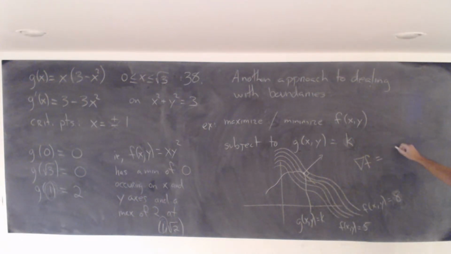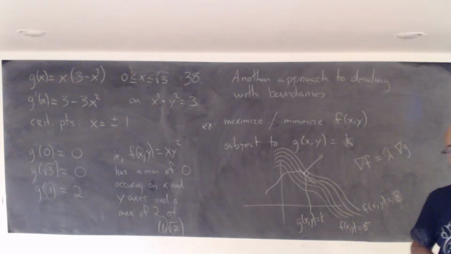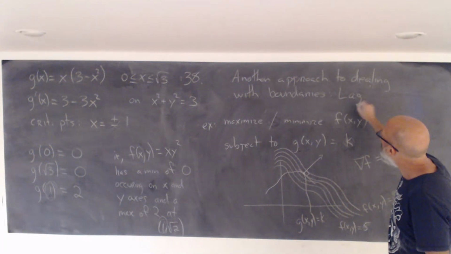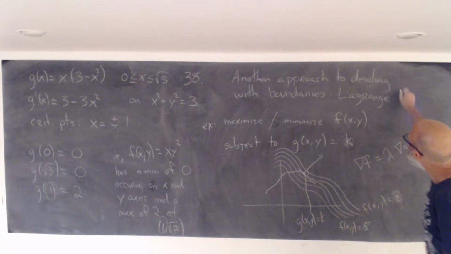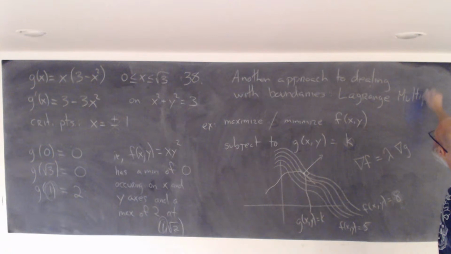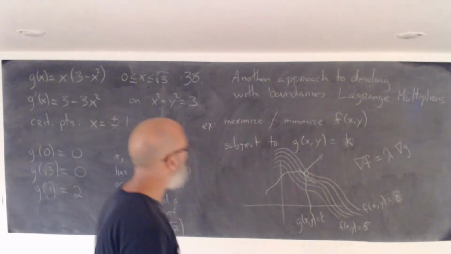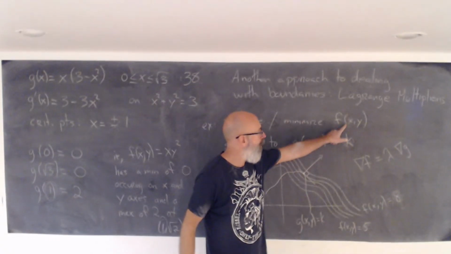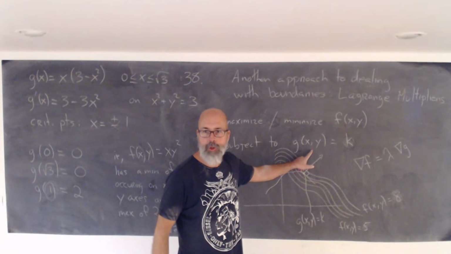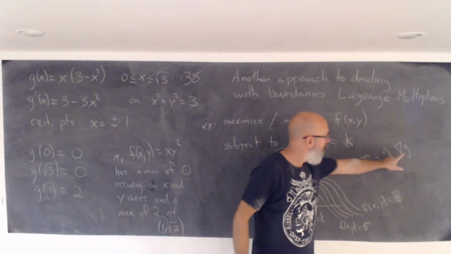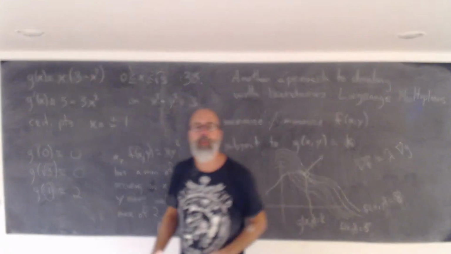So the two gradients have to be multiples of each other. This is the idea behind Lagrange multipliers. If you are trying to optimize a function subject to some constraint, the gradients have to be multiples of each other.